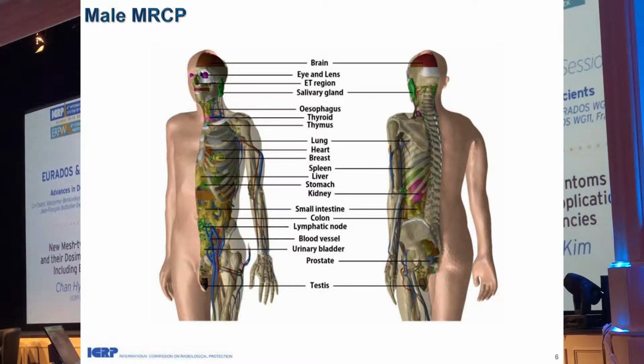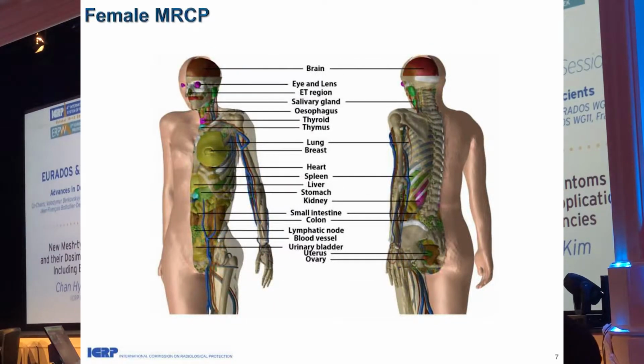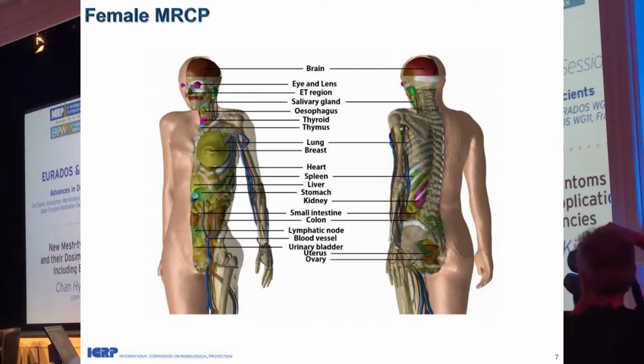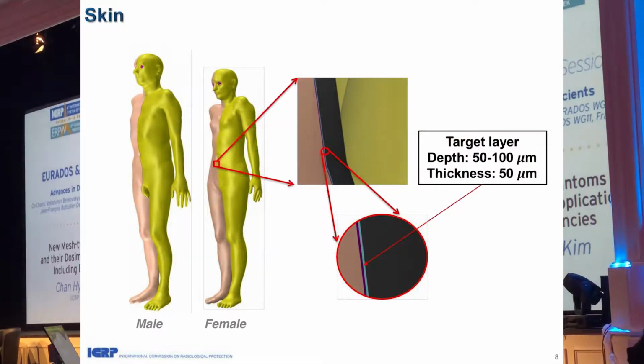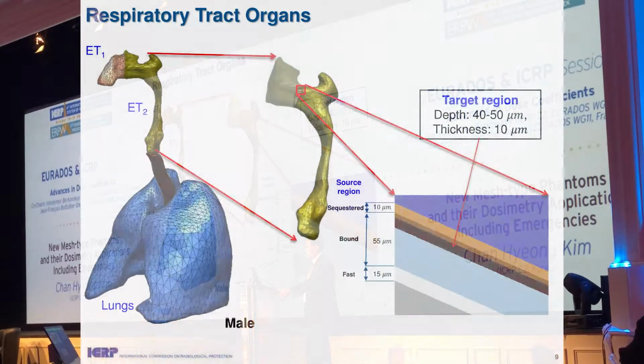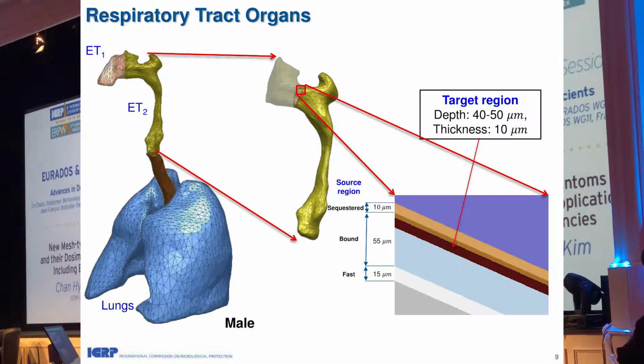This slide shows the male phantom developed in our task group. This is the female phantom, and here you can see the very thin target layer of the skin, and here you can see the 50 micron thin target layer. This is the respiratory tract organs.